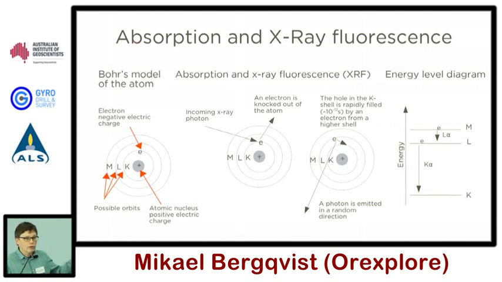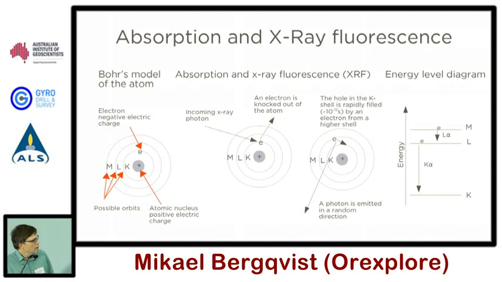Gamma photons impinge on the material that we are trying to examine, and they excite the atoms, whereby some of the electrons are no longer in their orbits, what we call the shells, the M, L, and K shells in this case. The electrons that are knocked out of the atom leave a vacancy, which is very rapidly filled by an electron from some other shell.